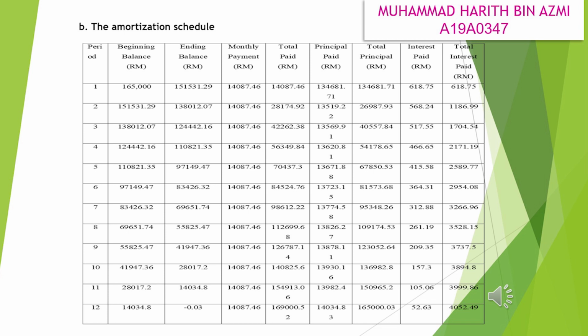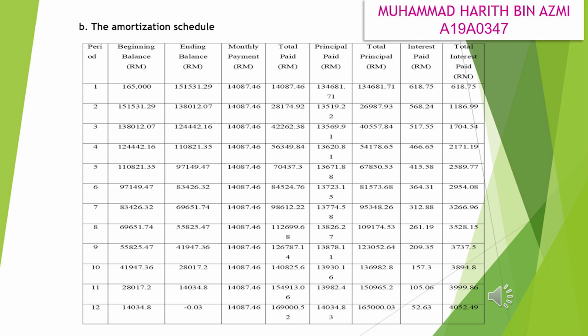Secondly, we must find the value of principal paid. The formula is A minus I. A is the monthly payment and I is the interest paid.